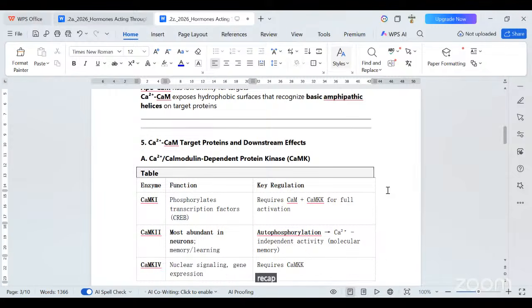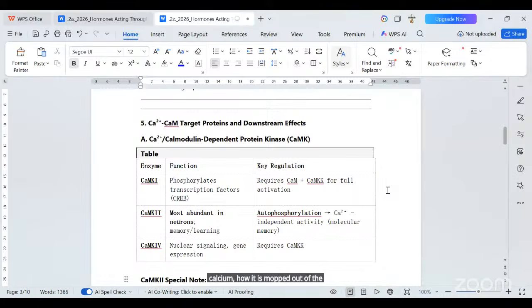We are talking about regulation of calcium, how it is mopped out of the bloodstream.